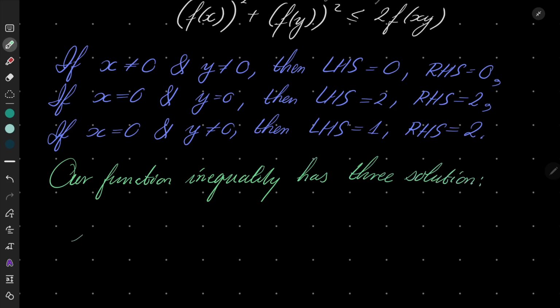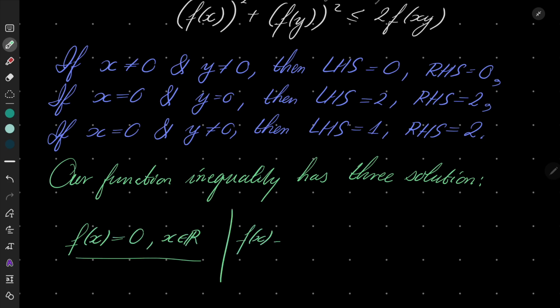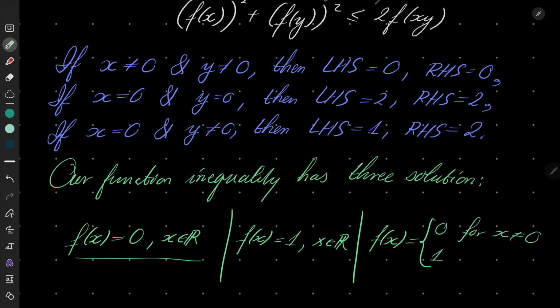Either f of x equals 0 for every x, that is one possibility, or f of x is constantly 1 for every x, that is the second possibility, or the third and final function, f of x can be 0 for x non-zero and 1 for x equals 0. That function also satisfies our condition.